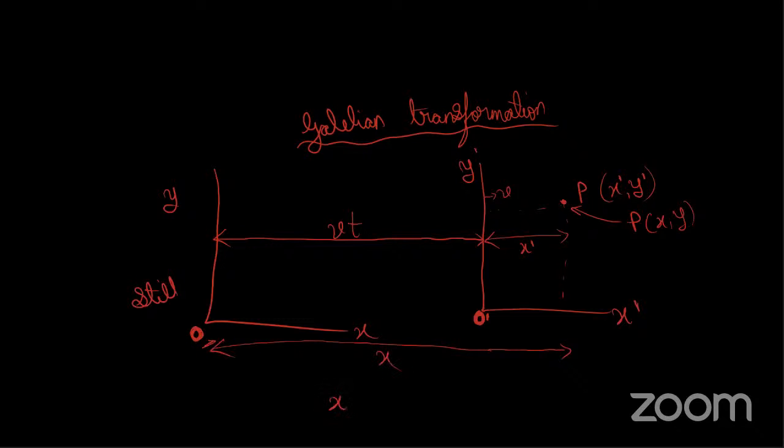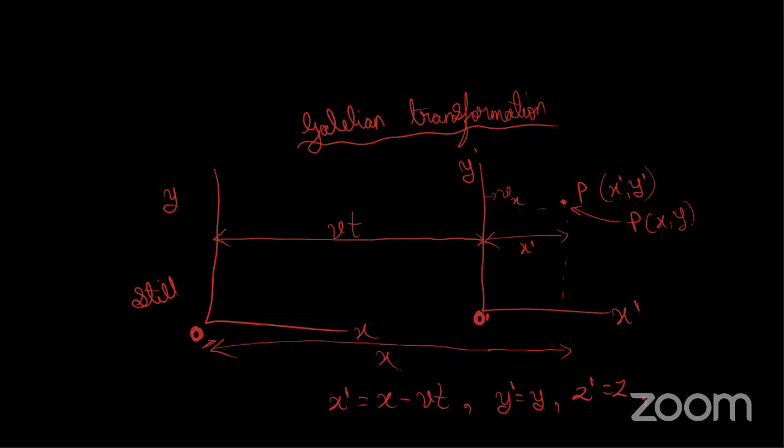So x dash is equal to x minus vt. And y, it's not moving along y, it's only moving along the x-axis. So y dash is equal to y, it remains the same. Even for the z coordinate it is not moving, so z dash is equal to z.